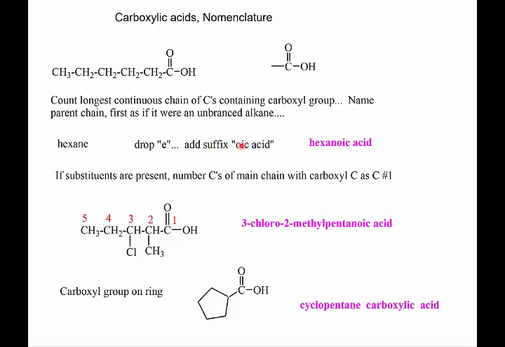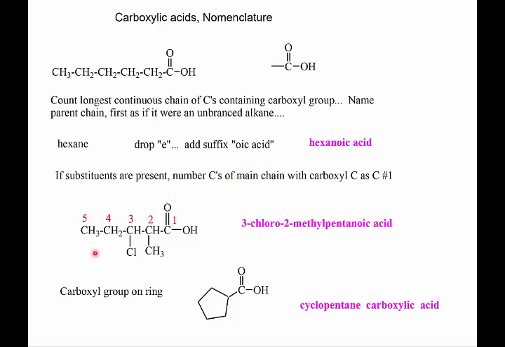And so it becomes hexanoic acid, and that's the official IUPAC name for this carboxylic acid. The main functional group of a carboxylic acid, we call it a carboxyl group. Carboxyl group.